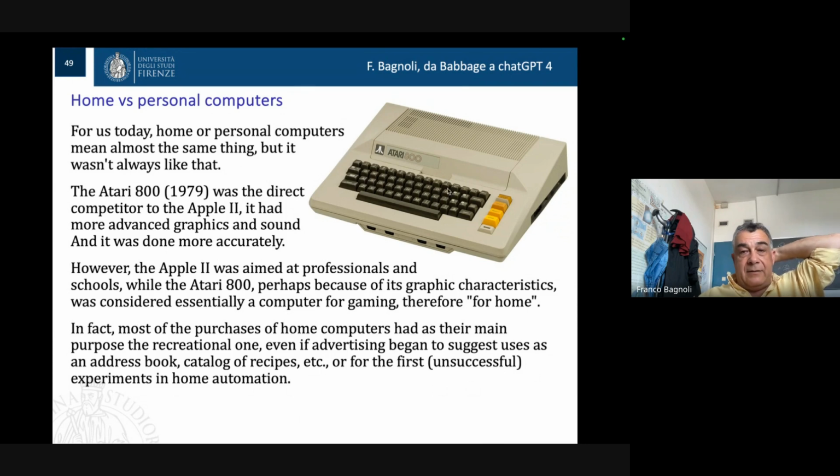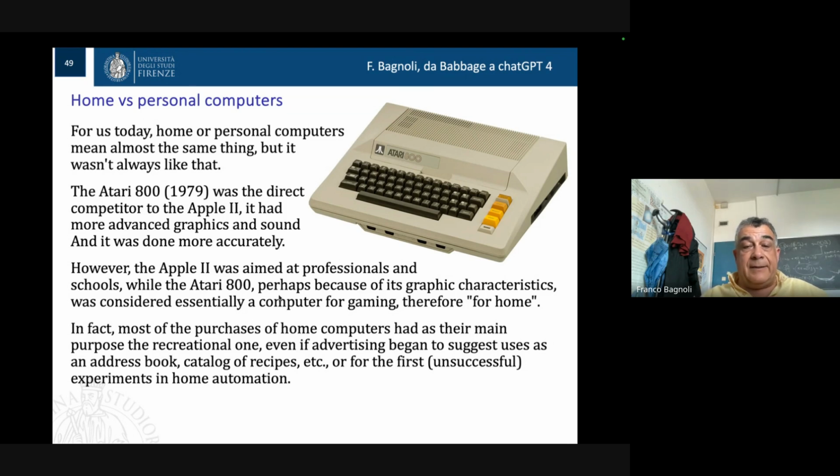And clearly this started to divide the target into home computers and personal computers. The idea is that the personal computer was essentially for businessmen who wanted to have a personal computer, while the home computer targeted the whole family, so that, for instance, it had to offer games and entertainment and so on.